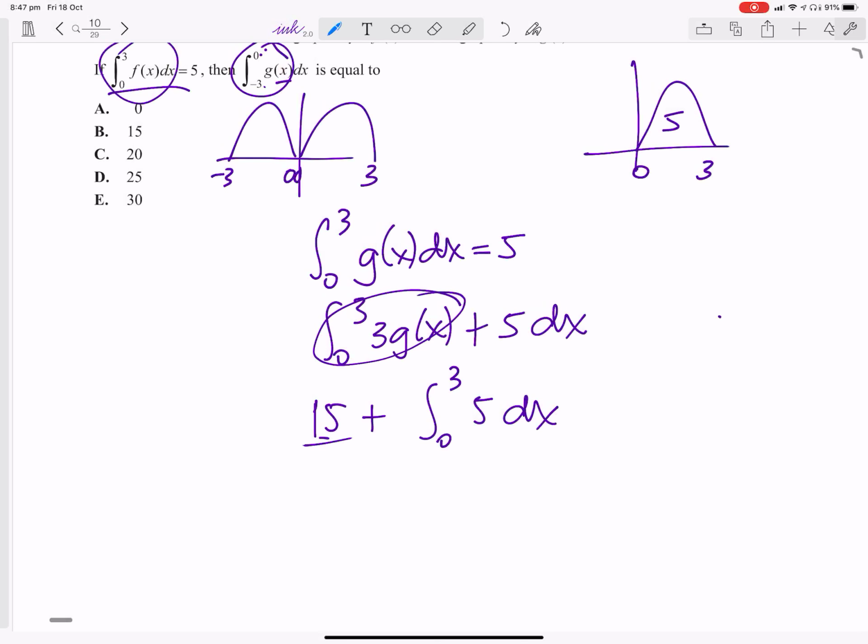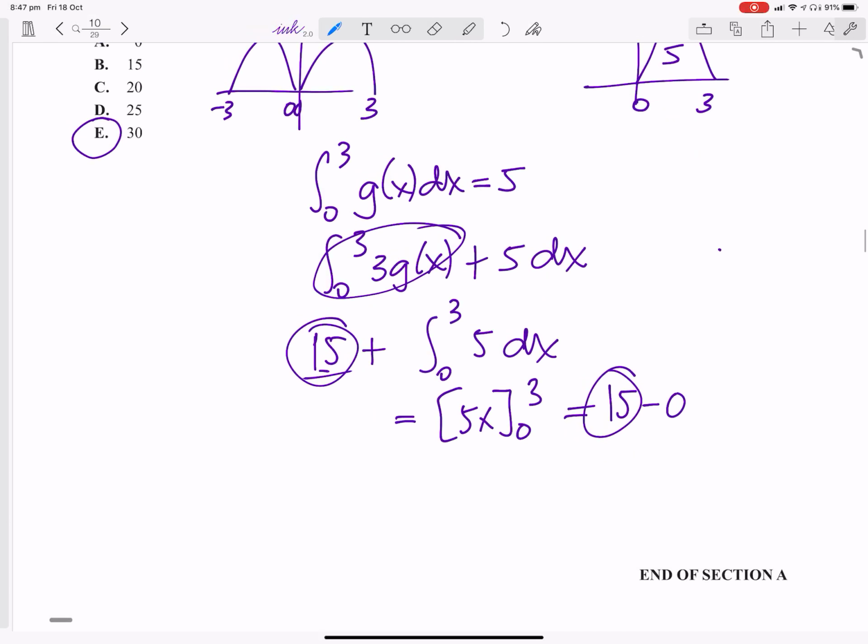That we know is 15. This we know is 5x between 0 and 3, which is 15 minus 0. 15 plus 15 is 30.